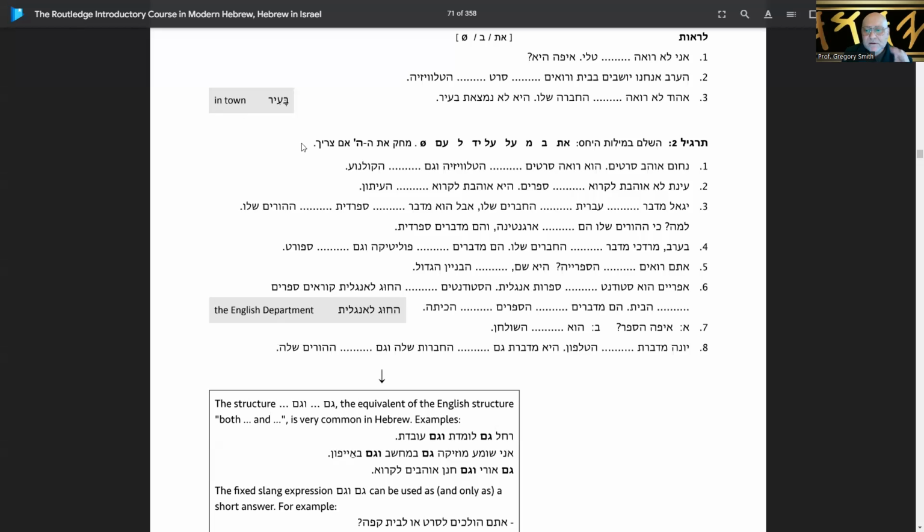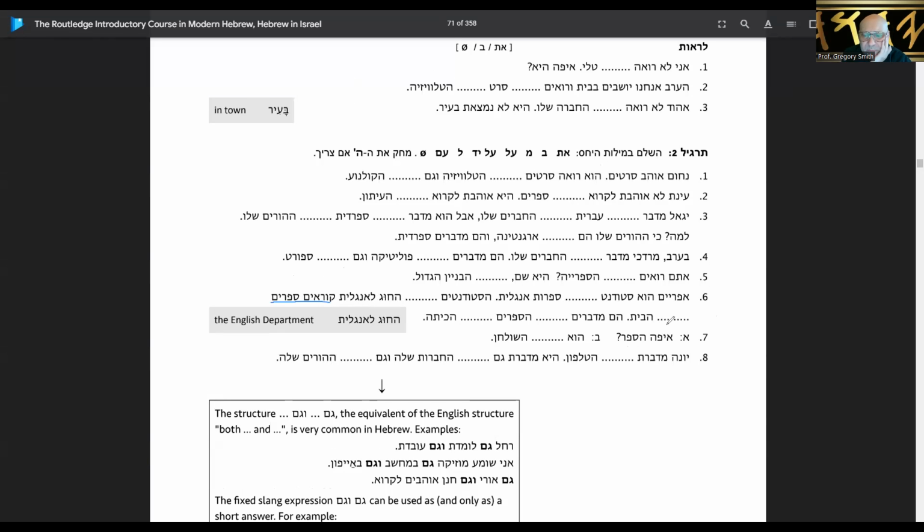Safarim Babayit. I didn't see that Babayit there. Oh, you know what? I don't think I finished this one. Somehow I keep forgetting these. These are bigger than I think. Okay, English department, Korim Sfarim. Okay, so they are reading books, blank habayit.